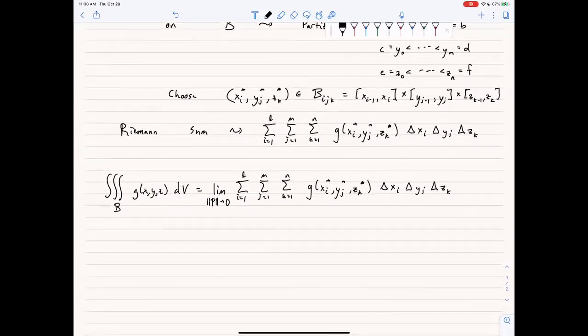And we'll say this is what we get for our triple integral, if it exists. Okay, good. This is the definition. This is what it is.